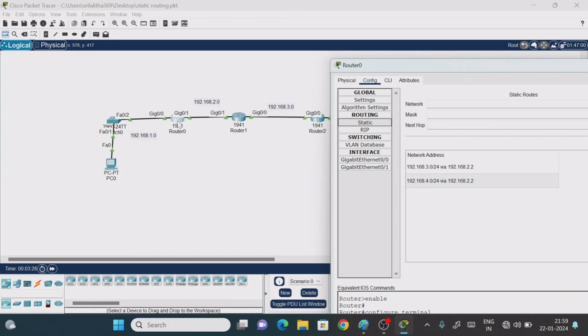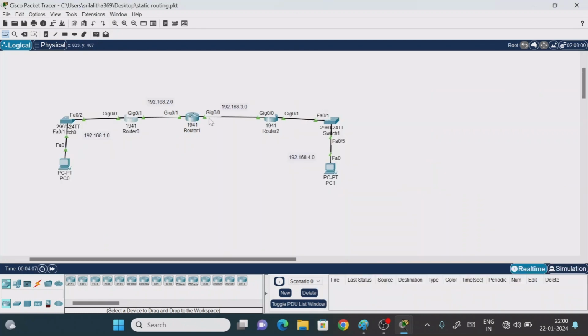Directly connected network means whichever network is directly connected to this router. It means that the router knows about this network because it is directly connected. It knows about the 1.0 network as well as the 2.0 network. We don't need to tell about this one because it is already directly connected.